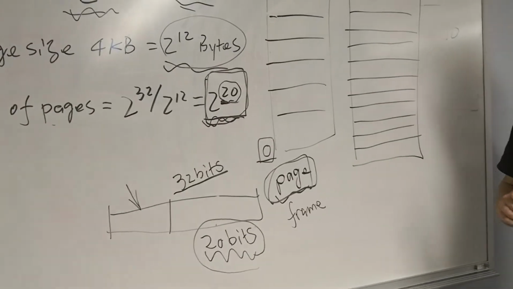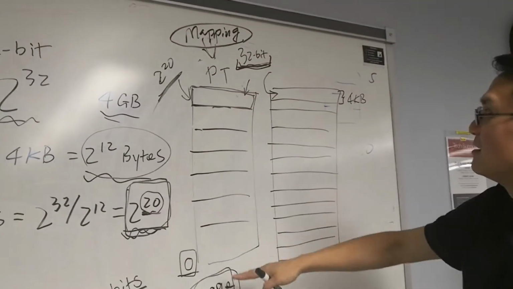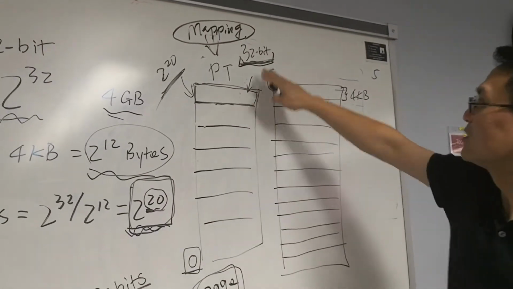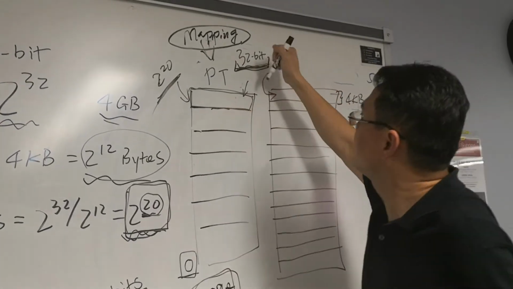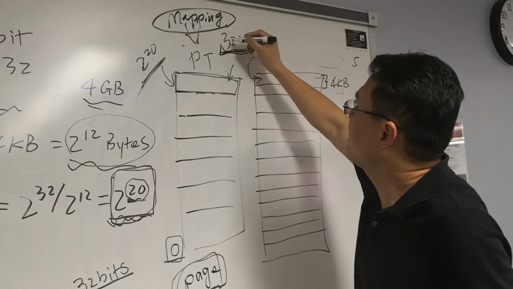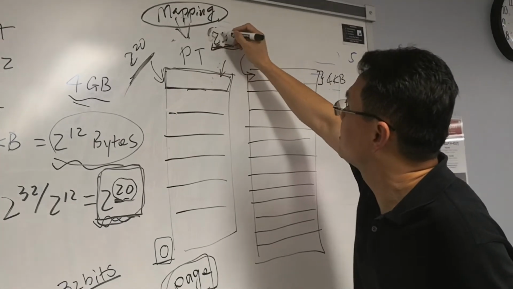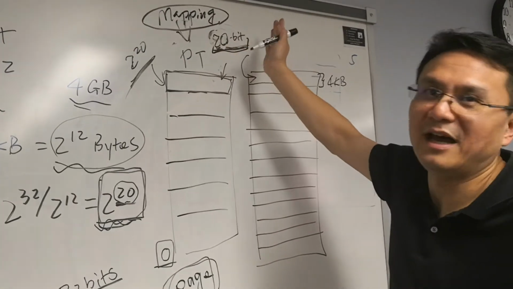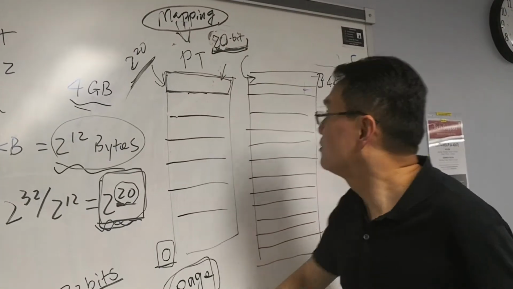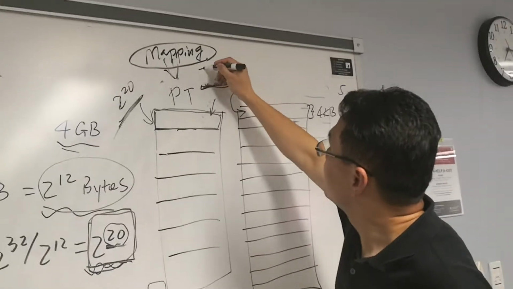So that's for one level. For the simplest case you could set up each entry with only 20 bits, but in the assignment it was 32.